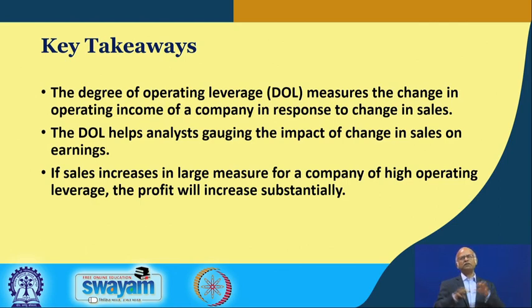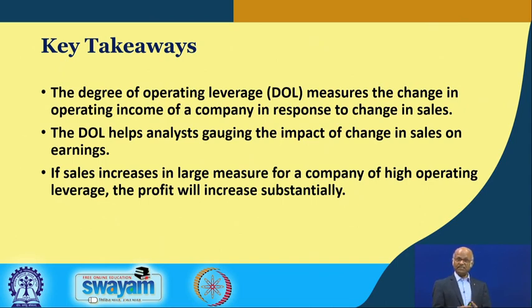Suppose you have two different businesses, or maybe altogether different companies, and you are trying to understand changing sales in the future. Suppose the market situation is good, so this particular company will sell 10% more, as well as that company. So, who is going to make more profit will be determined by the degree of operating leverage. So, as an analyst you also need to estimate this.